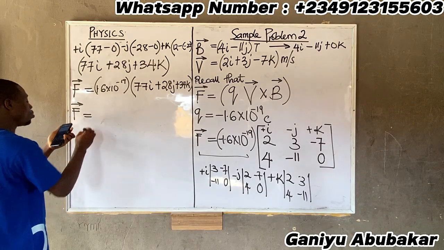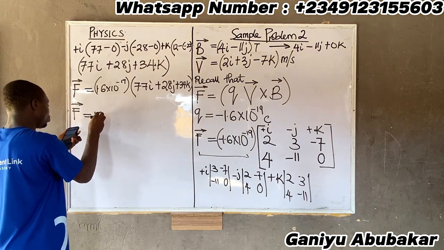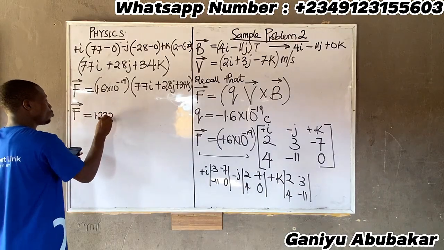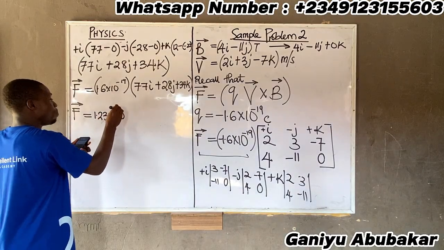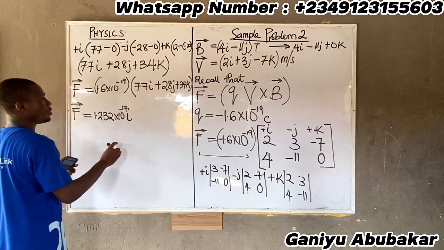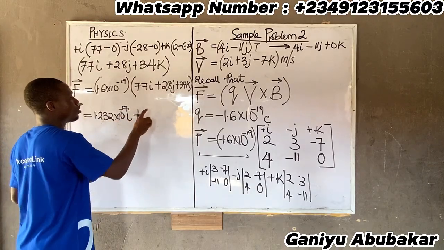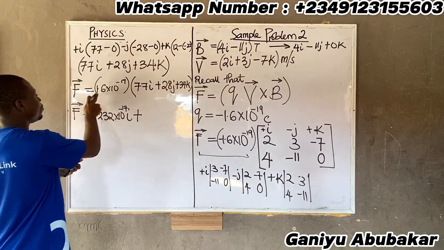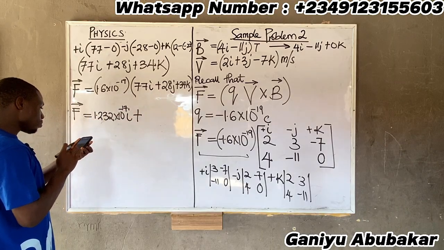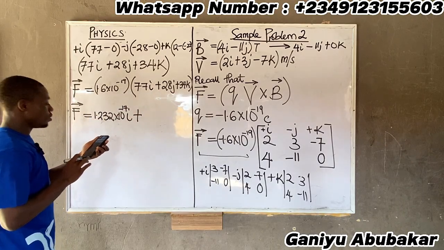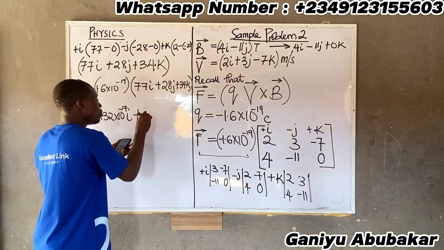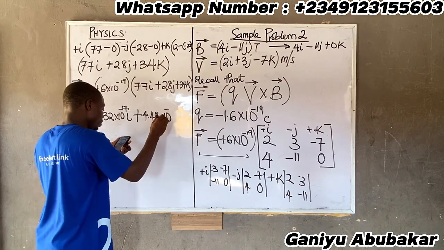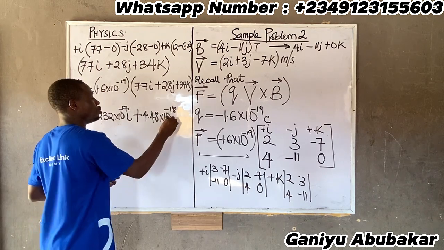That gives about 1.232 times 10 to the power of minus 17i. I'm done with this. So moving on, plus 28 times this value. That gives you this value times 28, which gives you 4.48 times 10 to the power of minus 18. This is j.